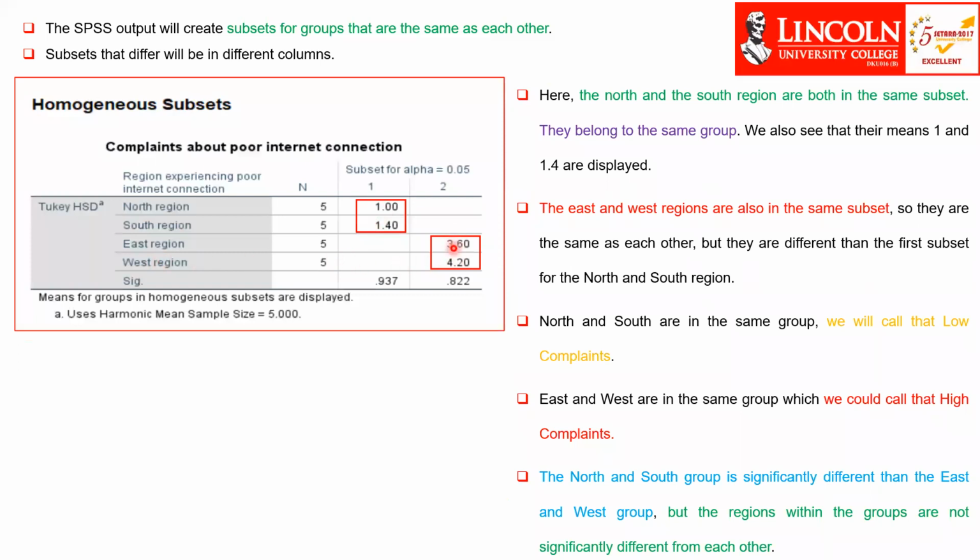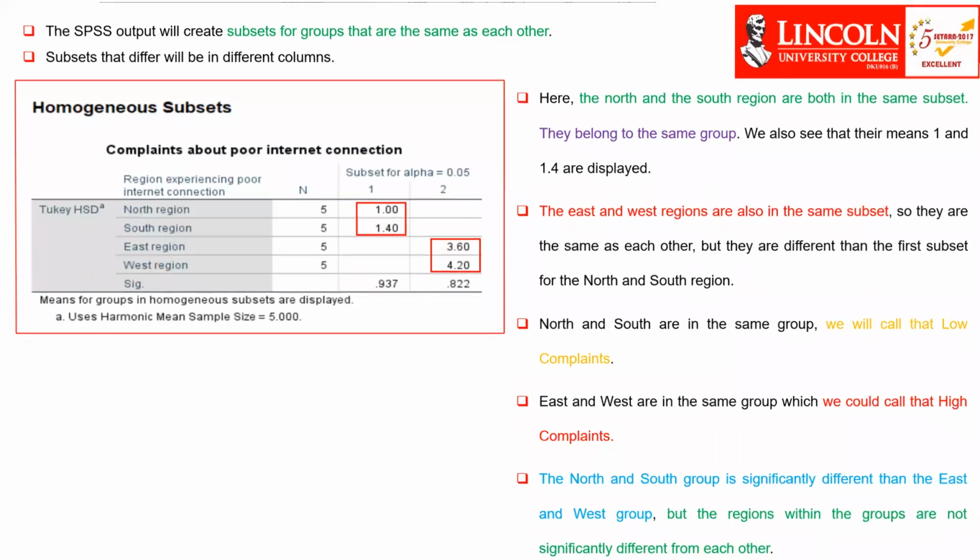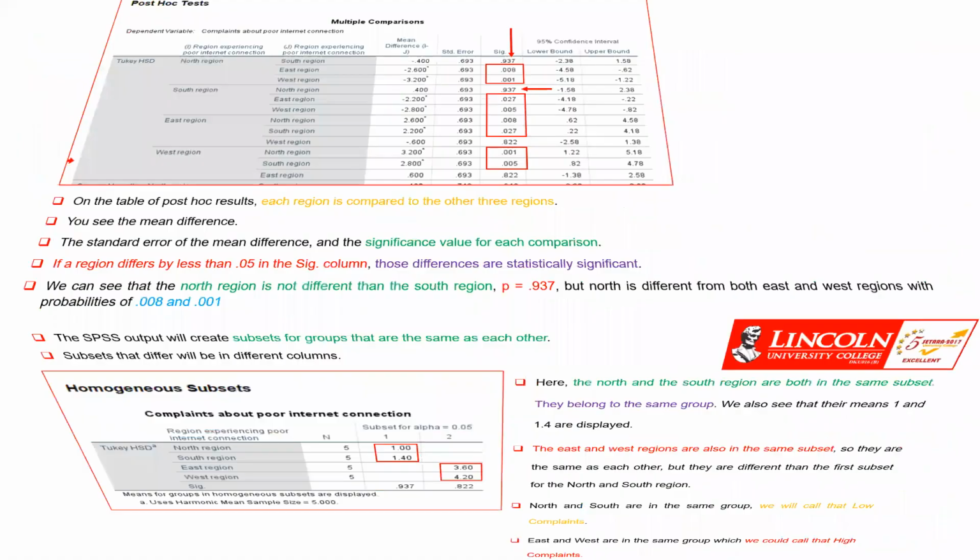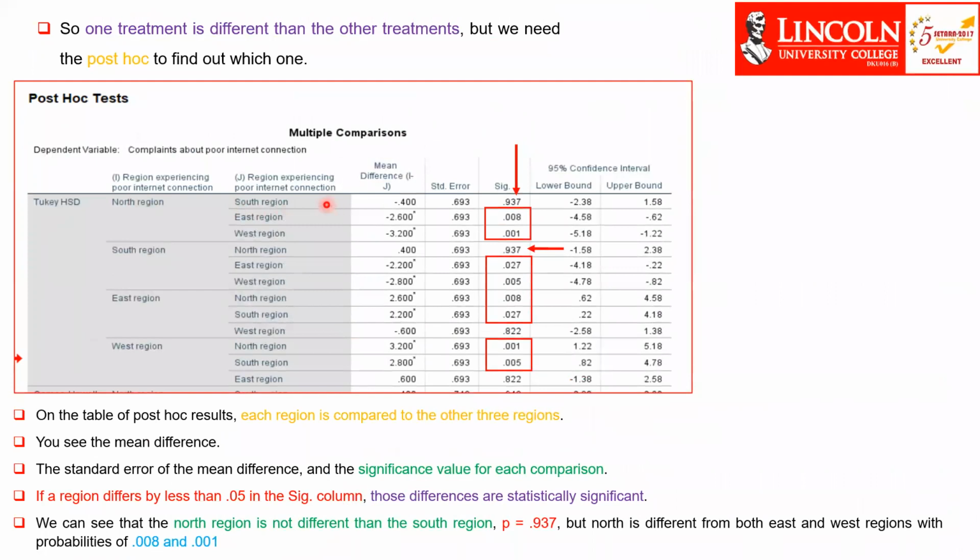Remember, from what we saw earlier, we said the North region is not different from the South region because of this p value, but North is different from East and West.